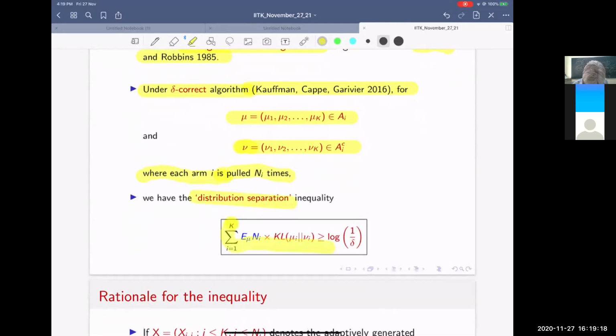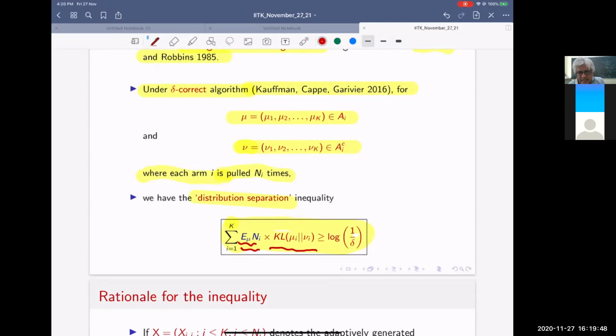This is worth observing: if you have a delta-correct algorithm, then it must be that if indeed the data is coming from the distribution mu, the sum over i equal to 1 to k of the number of times the ith arm is pulled, times the Kullback-Leibler divergence, the separation between mu_i and nu_i, is bounded. The smaller this divergence is, all else being equal, the larger the number of pulls is going to be.